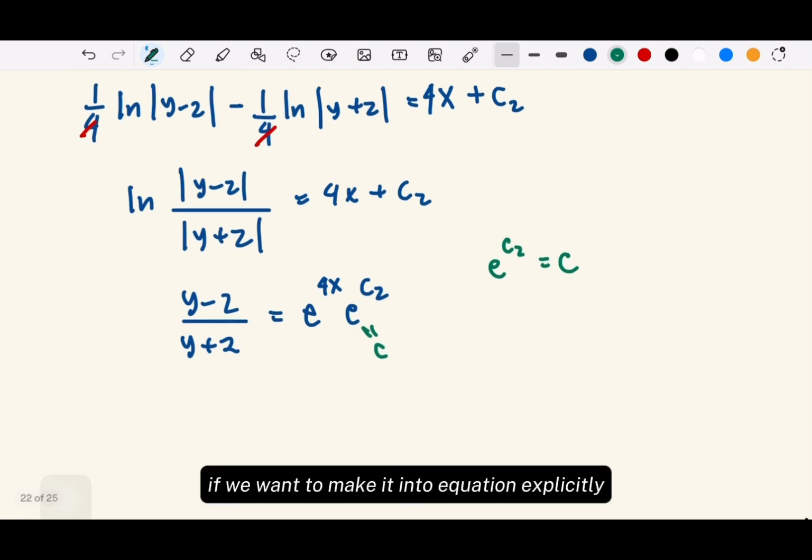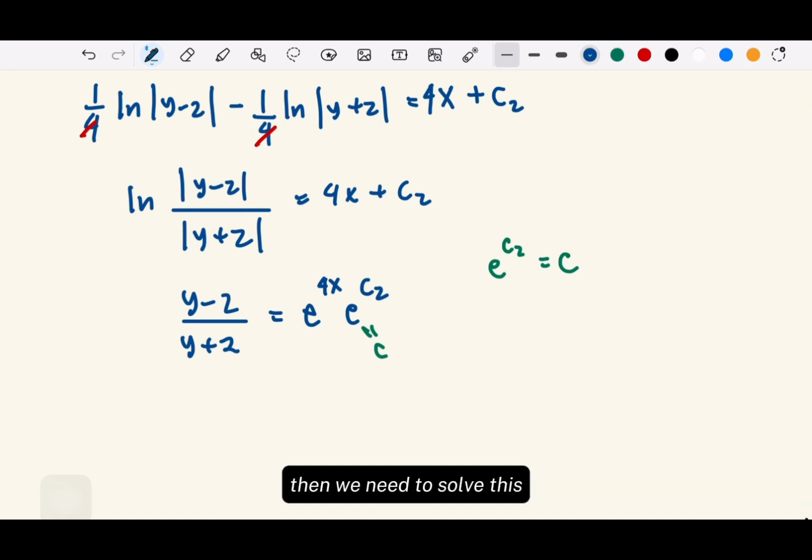If we want to make it into an explicit equation, then we need to solve this.